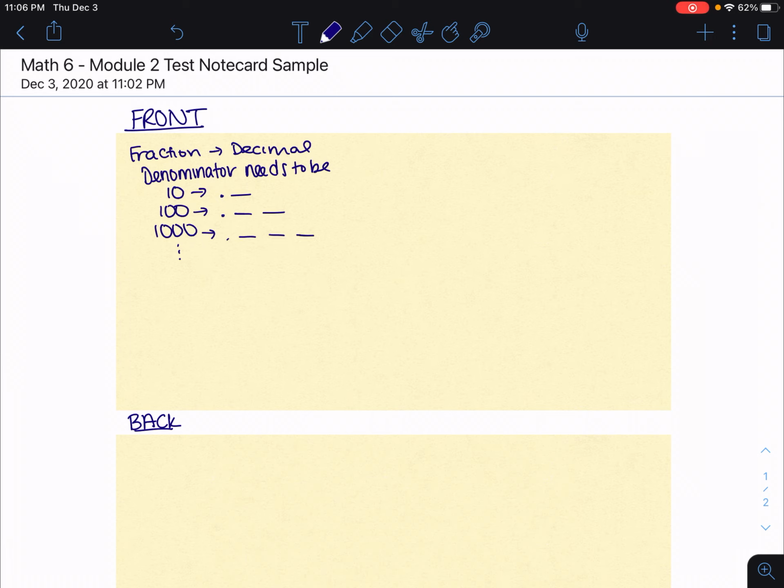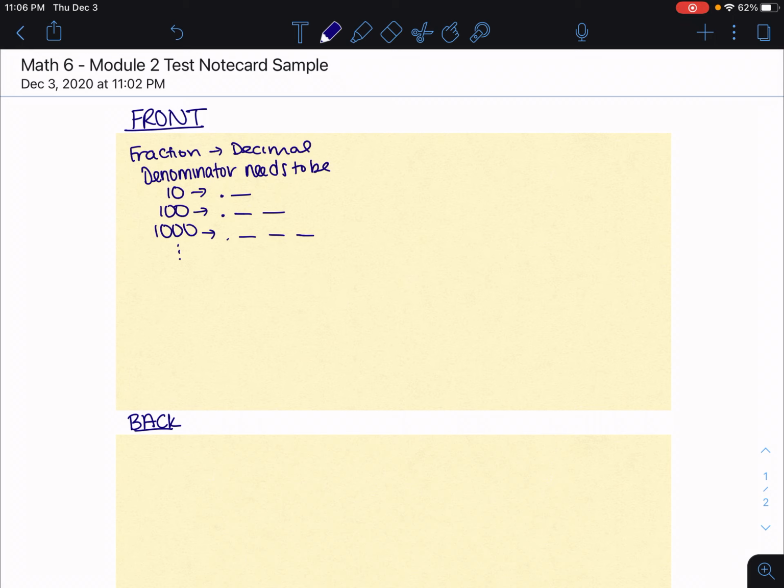If it's a denominator of 10, you've got one decimal place. If it's 100, it's two decimal places. If it's 1,000, it's three decimal places. If it's 10,000, it's four decimal places. But again, to go from a fraction to a decimal, you want the denominator to be one of those powers of 10 so that you can write it out as a decimal.